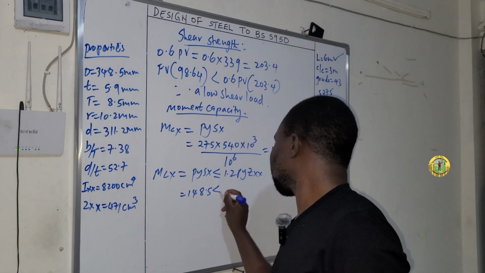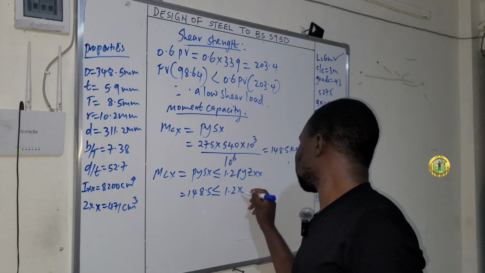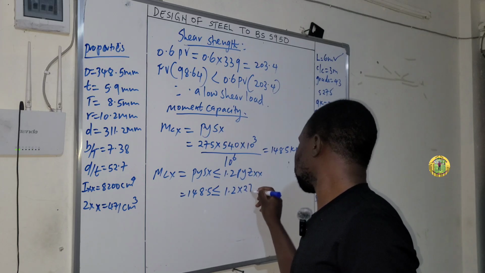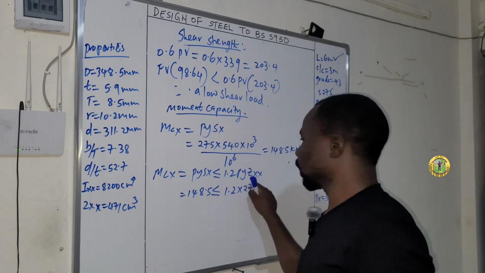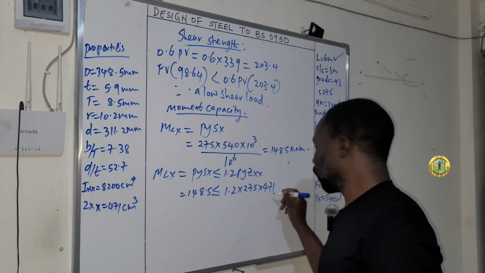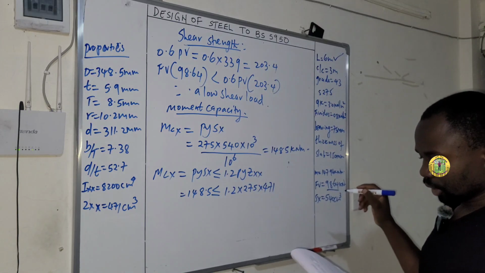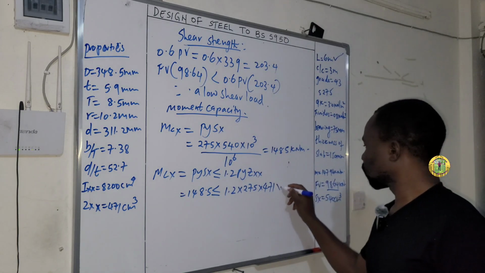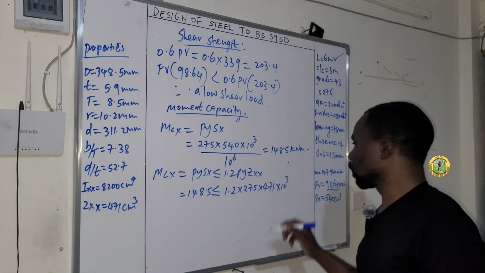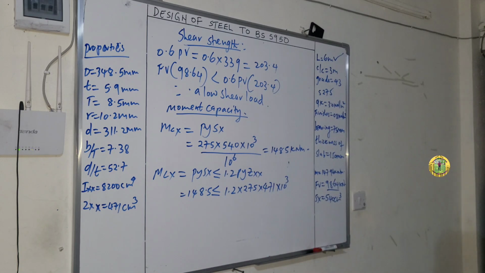148.5 must be less or equal to 1.2 times Py, which is 275, times Zxx, which is here 471. Then we will multiply this by 10 to power of 3, changing this centimeter cubic to millimeter cubic.